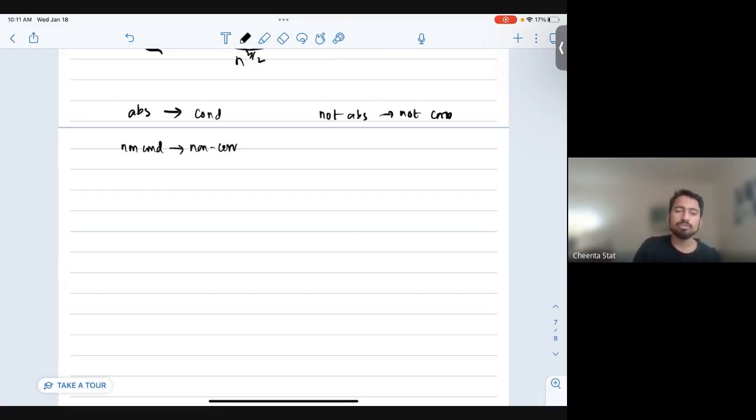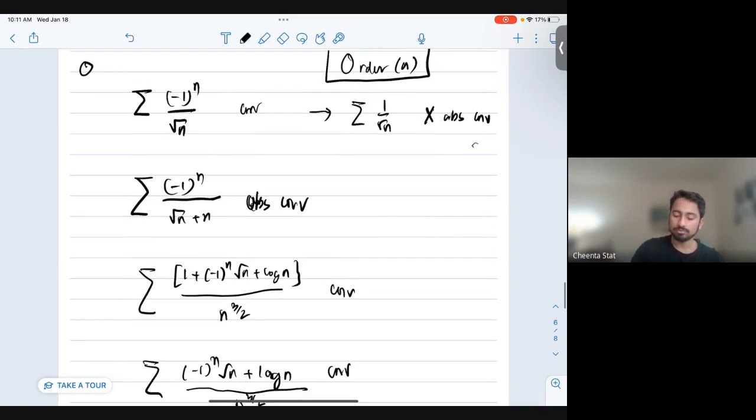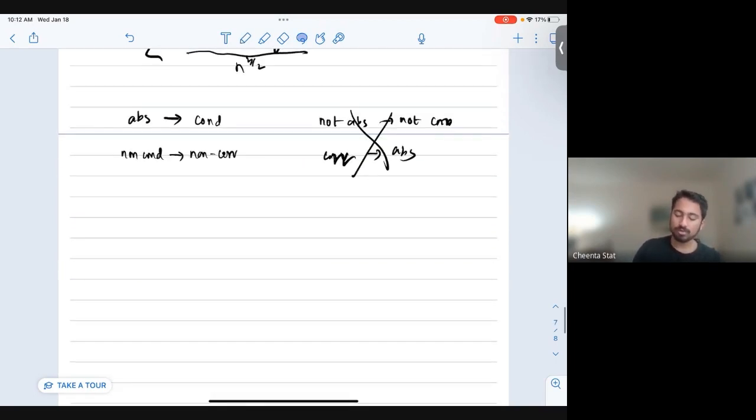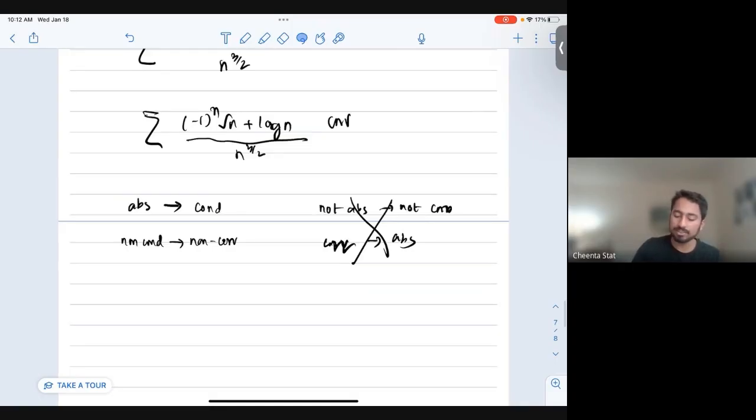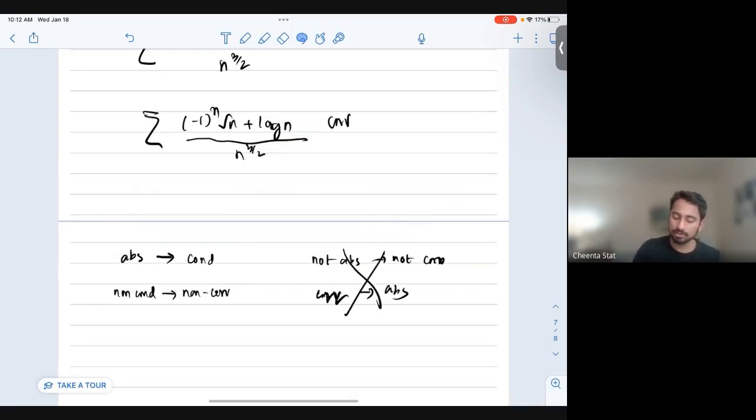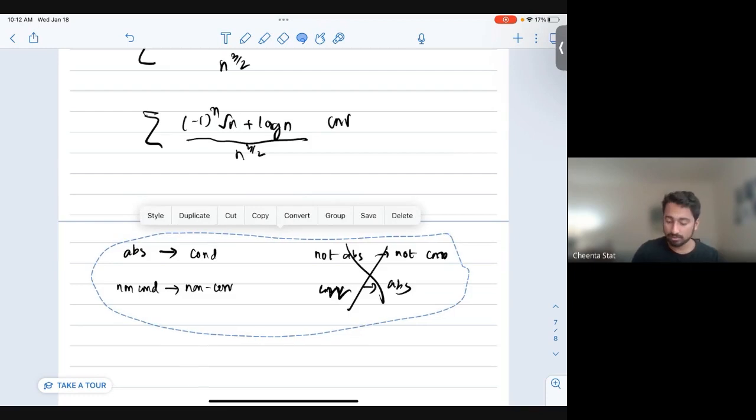If you take the contrapositive, it's the same as saying conditional convergence implies absolute convergence. This is not true. Okay, don't make this mistake. Did you get this idea? This is a very basic idea. This is a basic contrapositive statement.